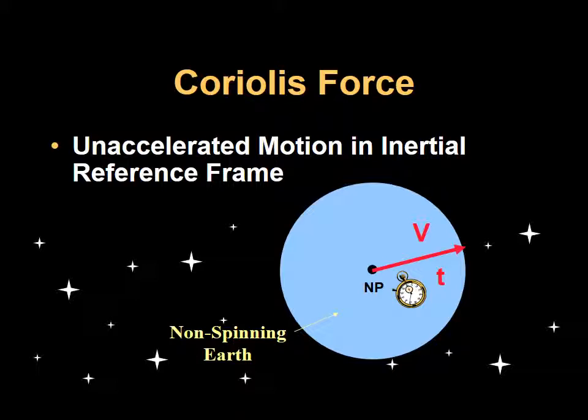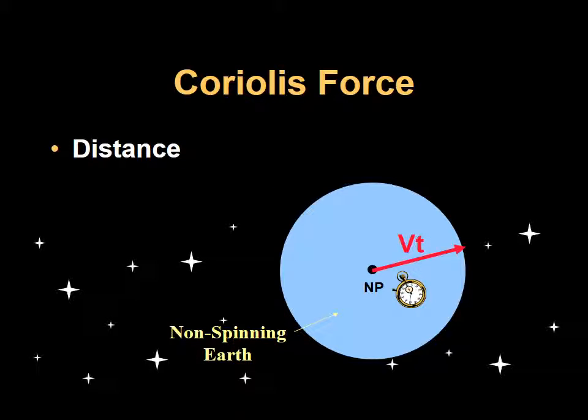And if it's moving at that velocity, it takes a certain amount of time to go from the North Pole to the equator. Of course, velocity is equal to distance divided by time. So that distance from the North Pole to the equator is simply the velocity times the time.